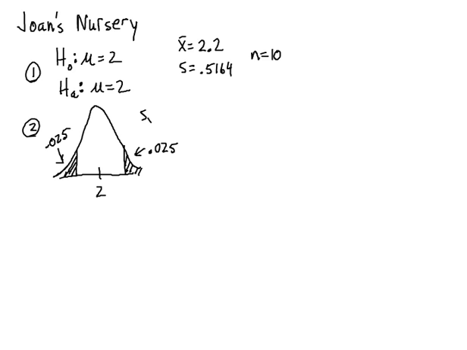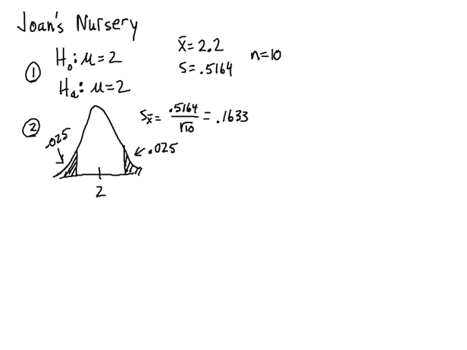And to calculate a standard error, all we have there is the sample standard deviation, and then divide by the square root of the sample size 10. So putting that in the calculator, I get 0.1633.